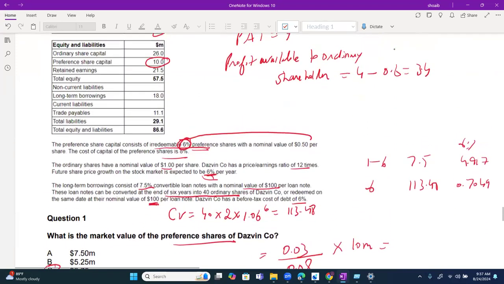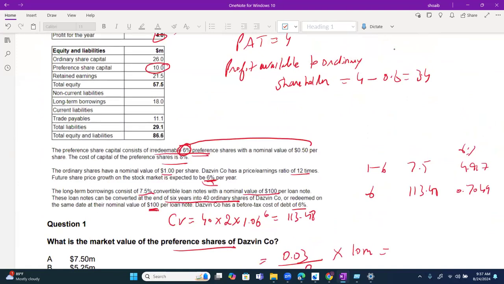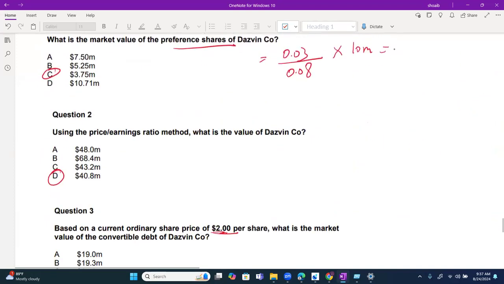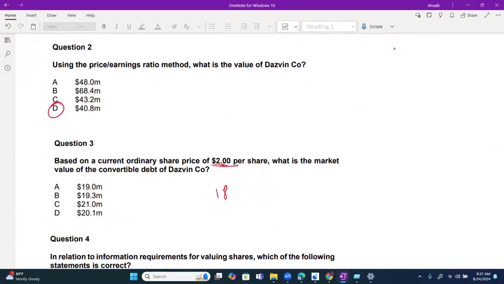And what is the book value? Long-term borrowing. 21.04. Approximately 21.04. Okay, this is the nearest answer.